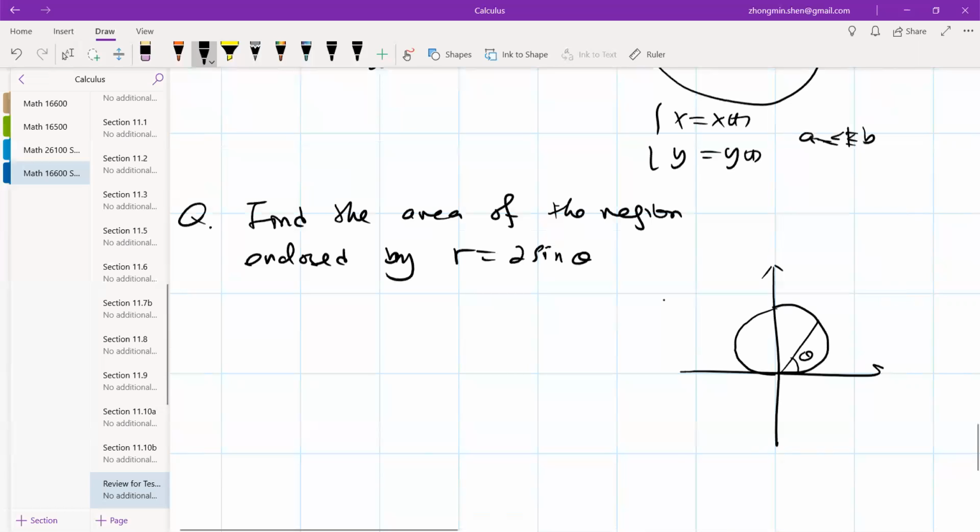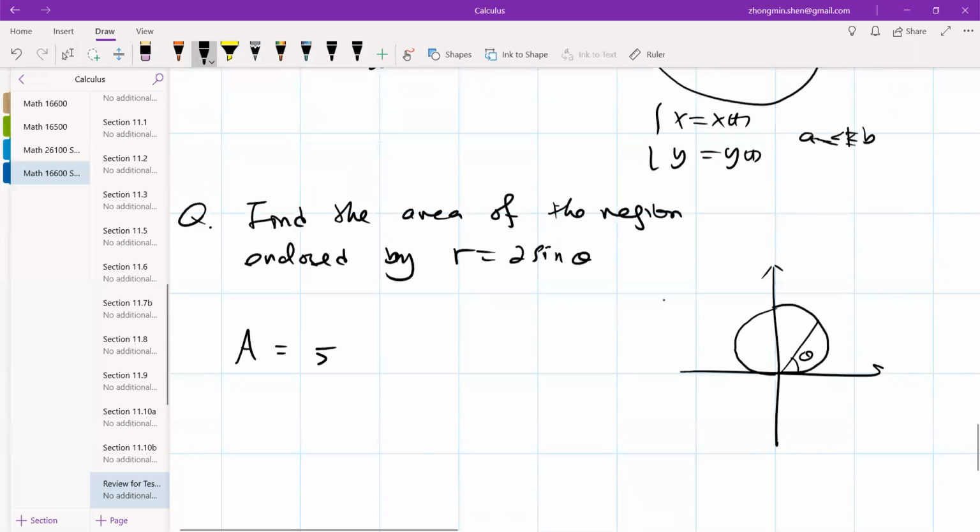So when theta runs from 0 to 2 pi, you actually draw the circle twice. You have to pay attention to that. It's sufficient to take theta from 0 to pi, which already covers the whole circle.